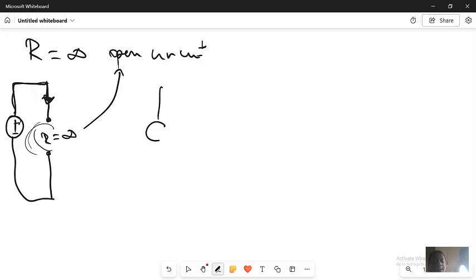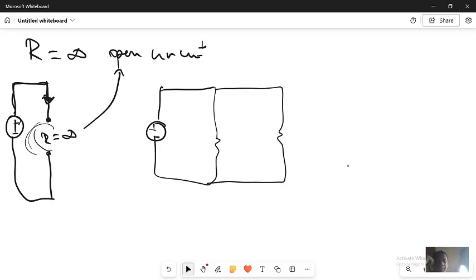Let's say I have a circuit like this one, with this resistor and then a resistor here. If I open here, that means there is an open circuit.